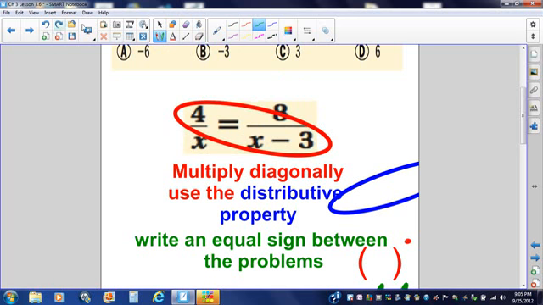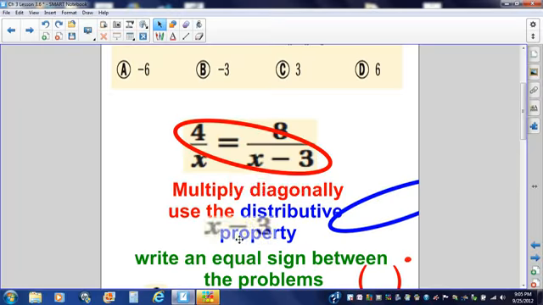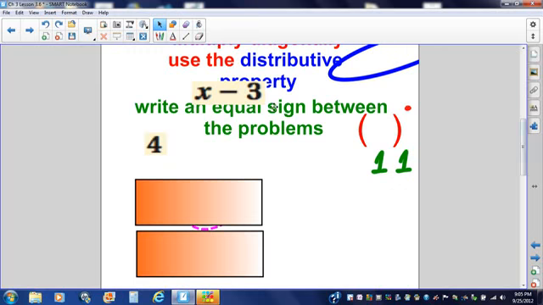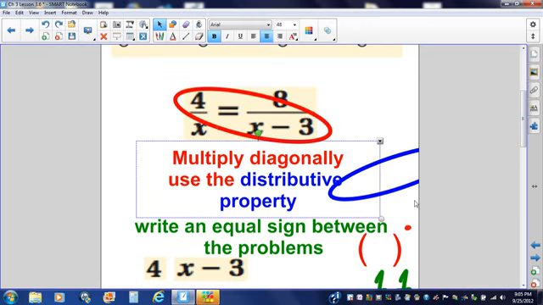So, here's a thought. Let's use the distributive property. I am going to take this 4, put it down here. I'm going to take this x minus 3 and put it over here. We said that we are going to multiply diagonally.